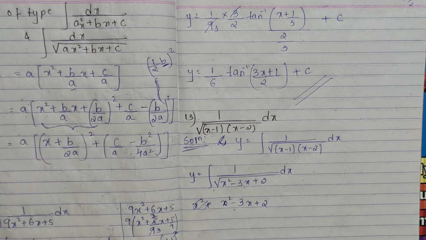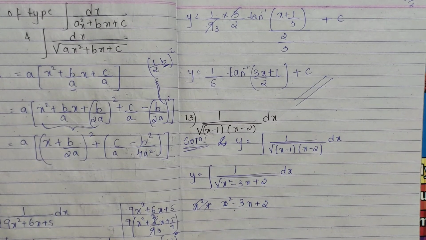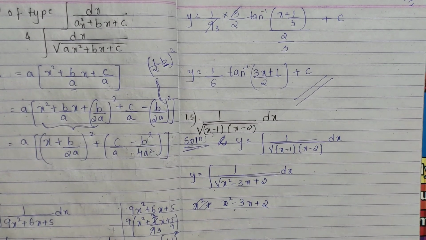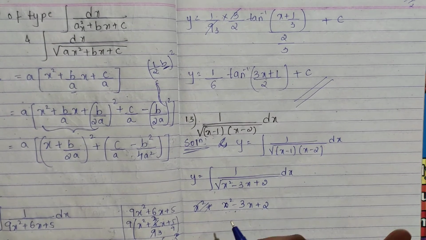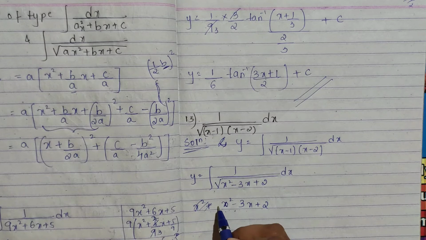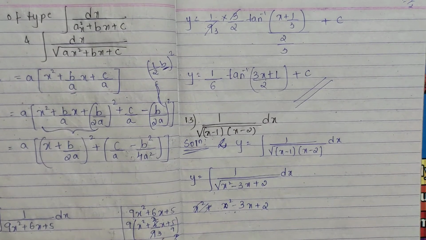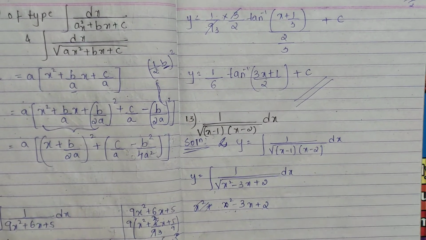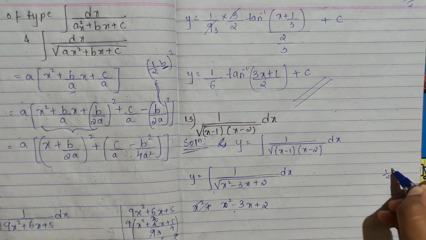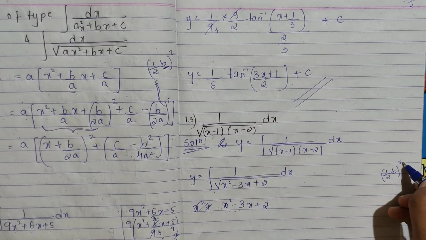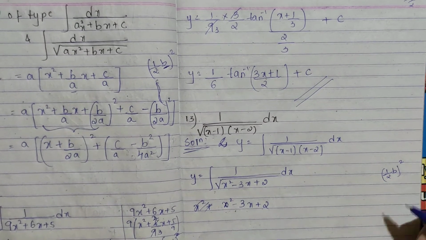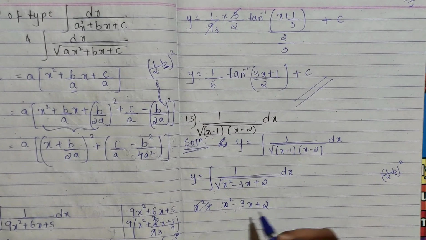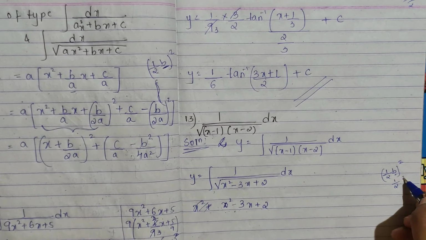So after that, our further procedure: consider your denominator x square minus 3x plus 2. First we have to make sure our x square coefficient should be 1, which is already 1. So we go for the next step, half b whole square, which we have to add and subtract. Here b means the coefficient of x, which is 3.